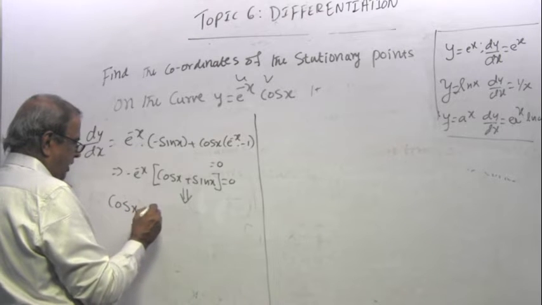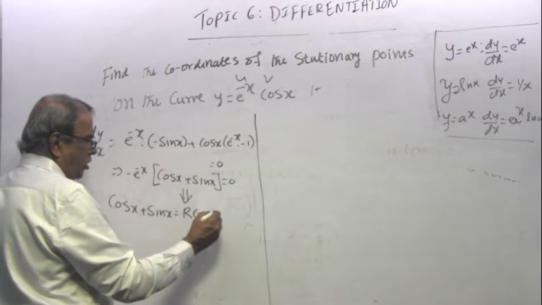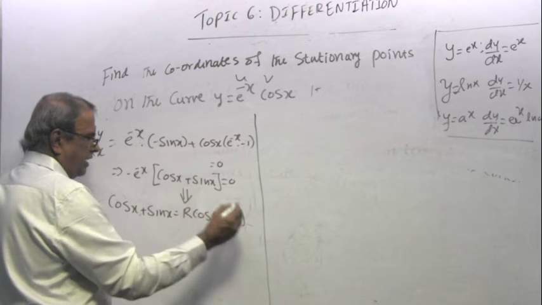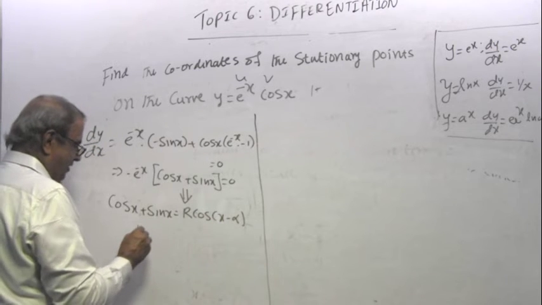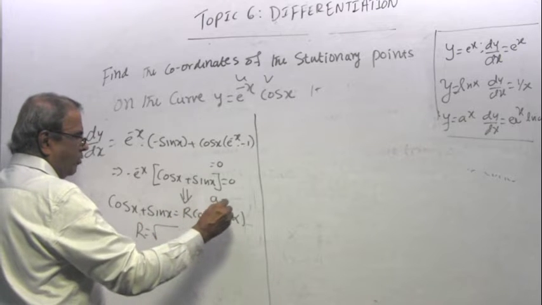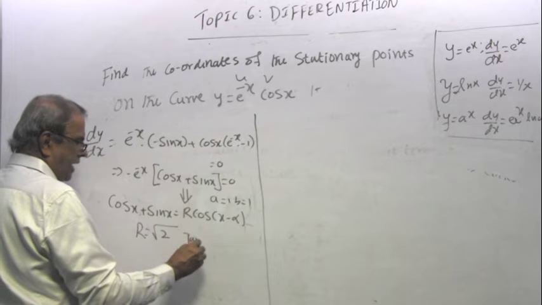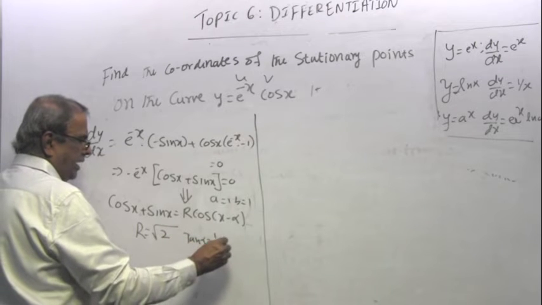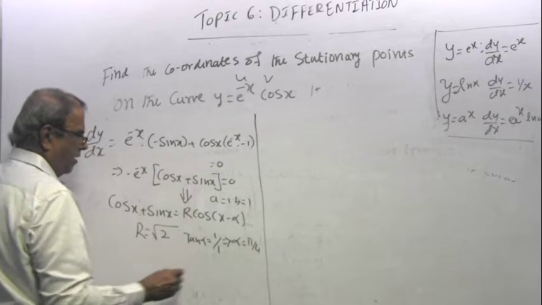Cos x plus sin x is equal to R cos of x minus alpha. Remember we did that in trigonometry. So R is equal to the square root of, remember, A is 1, B is 1. R is root 2, tan alpha is B over A, gives you alpha equal to pi over 4.